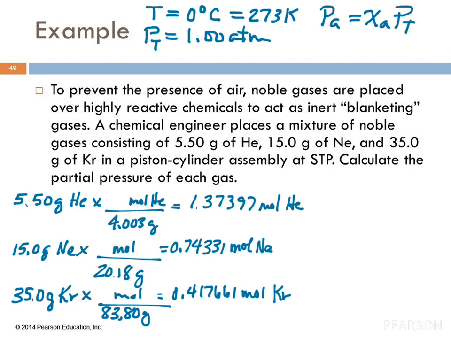So total number of moles, call that N total. By just taking all those numbers and adding them up, it's 2.5349. That's enough moles. So then the mole fraction for each of these is going to be the number of moles divided by 2.53.